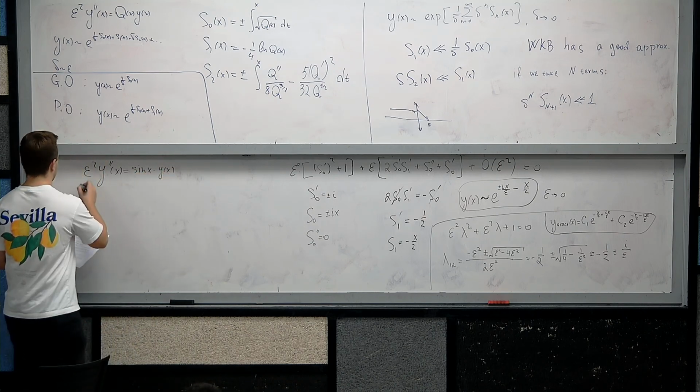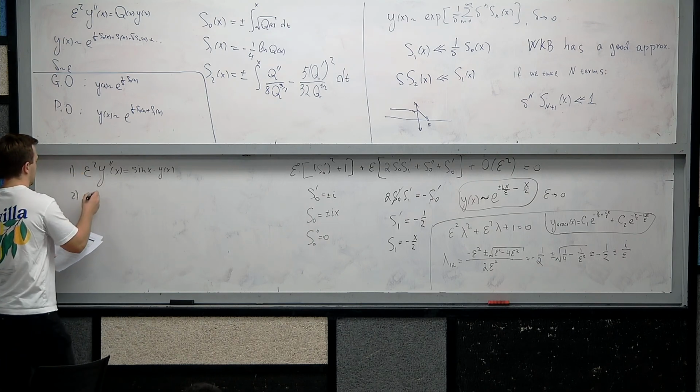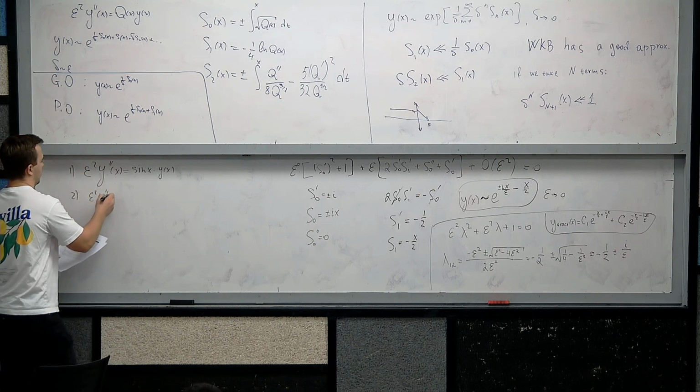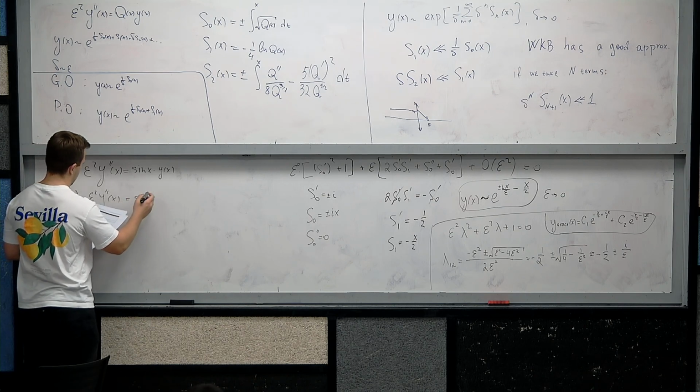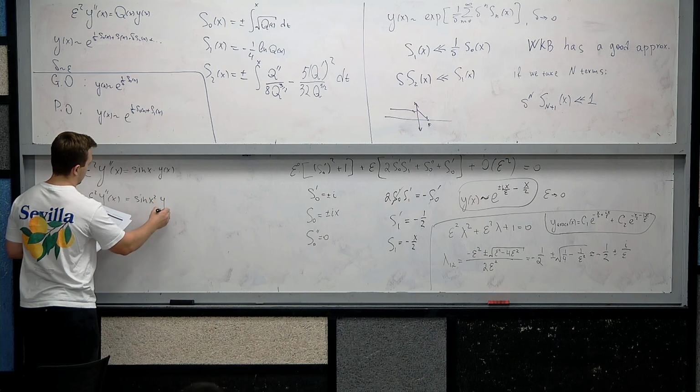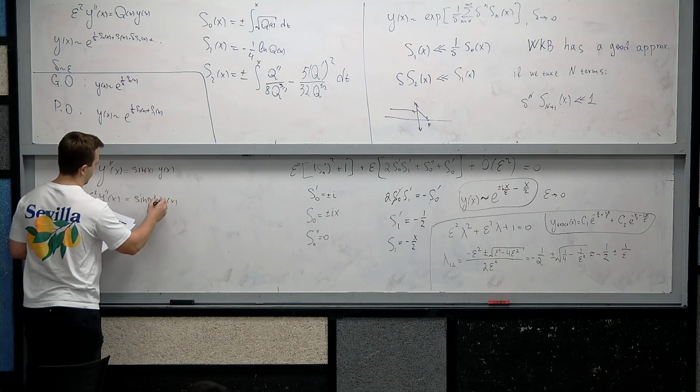So this is the first one, and the second one, y double prime of x equals sine of x squared times y of x.